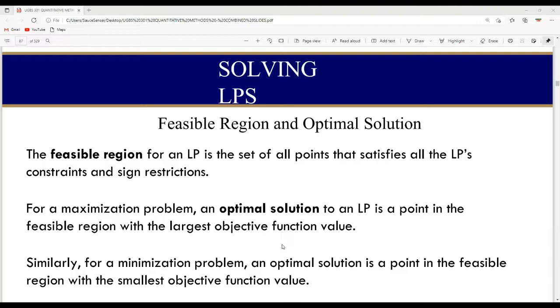You get it? All right, so that's what they are trying to tell us.